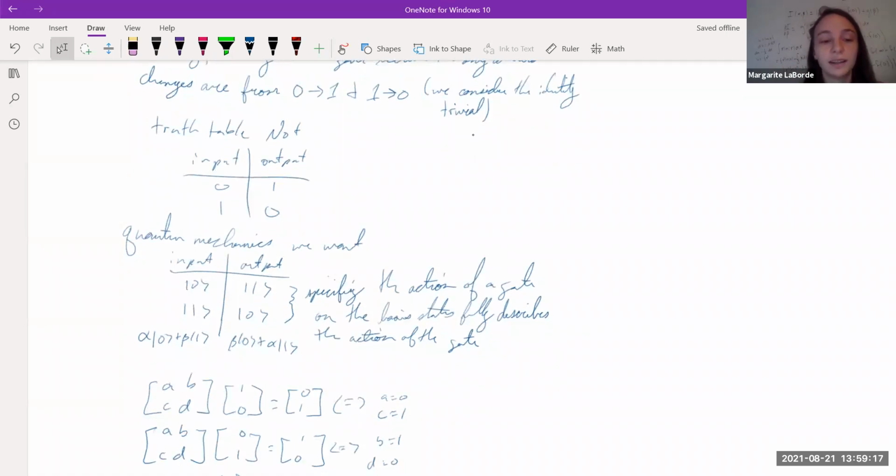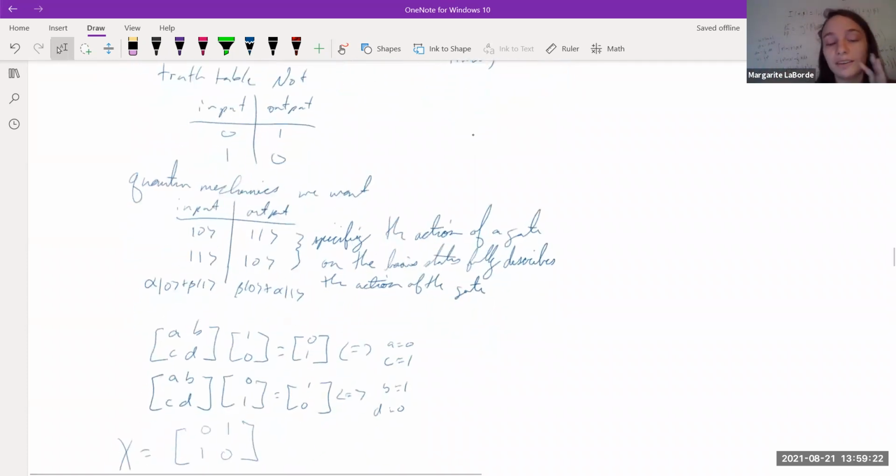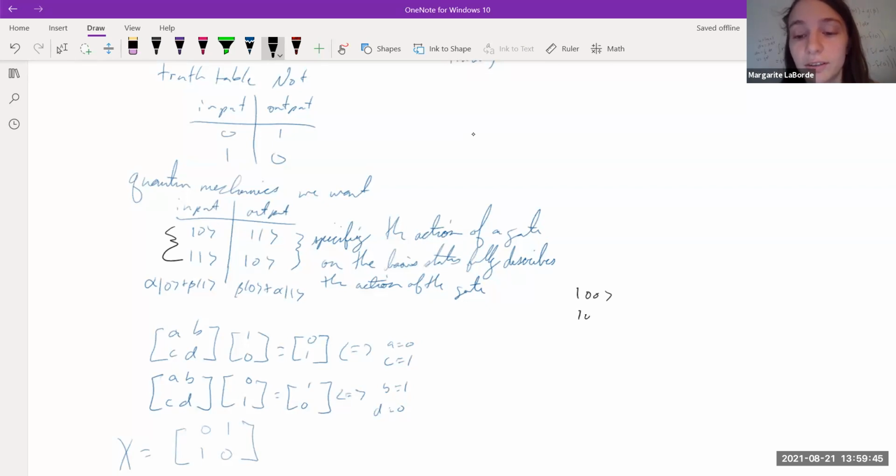But now quantum mechanically, we have to put them in kets. See how that works. So we can specify the entire action of a unitary gate or a logic gate quantum mechanically by just acting on our basis vectors, which are these 2. If you have a multi-qubit gate, which is acting on more than 1 qubit at once, you have to write out all of those basis vectors, and they do scale. So for 2 qubits, your basis vectors, for instance, are like this, writing them in binary order, like so.